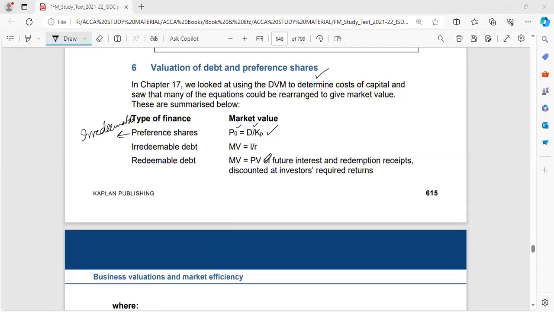Then we have irredeemable debt. Market value is equal to interest divided by cost of debt. And cost of debt is usually after tax.